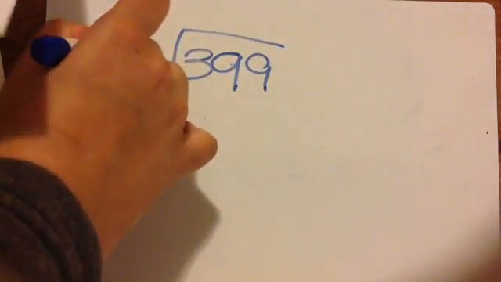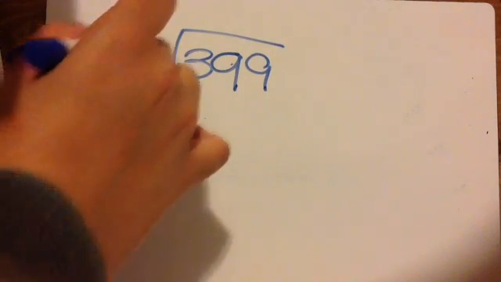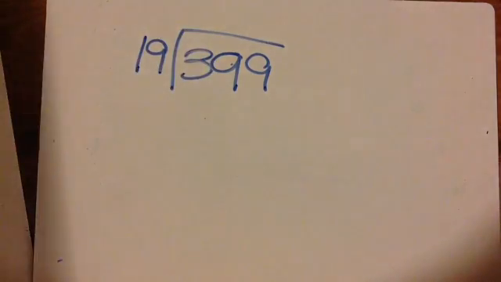Let's see here. Here is one. It is 399 divided by 19, I believe.